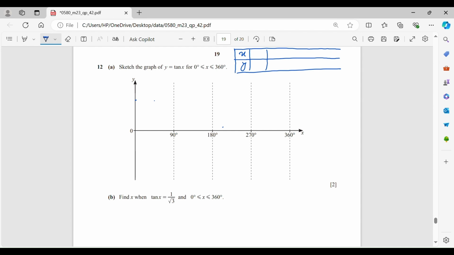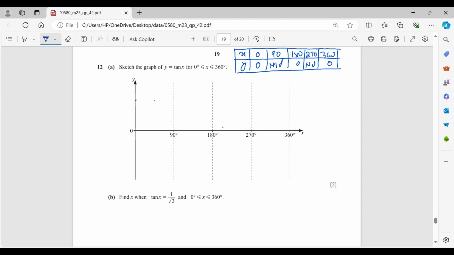It is tan 0 is 0, tan 90 not defined, then tan 180 is 0, then tan 270 is not defined, and tan 360 is again 0, right?